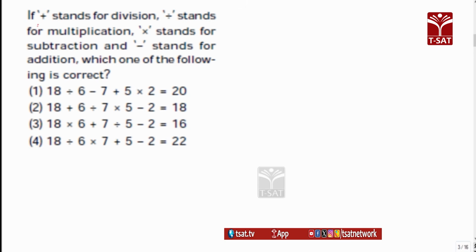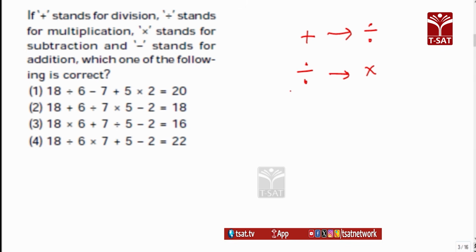Because see here, if plus stands for division, means you have to interchange these positions. Now wherever you see this plus symbol, you have to apply the division here. In the same way, division stands for multiplication. So wherever you see the division, in this place of this symbol, you have to multiply it.